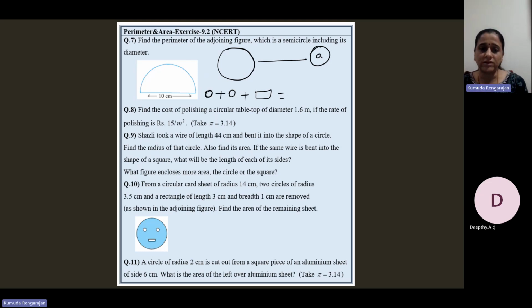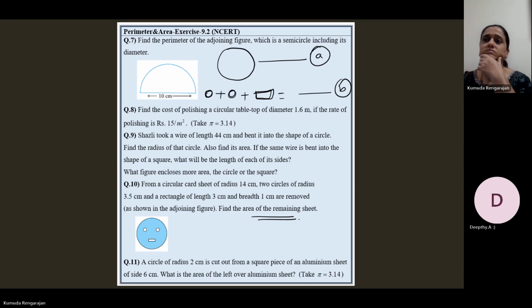We'll call this B. A minus B is the area of the remaining sheet. The area of the total circular card sheet minus what is removed is what is remaining.